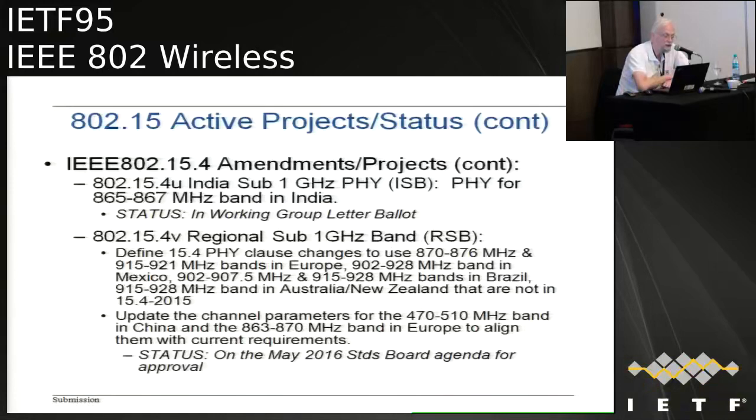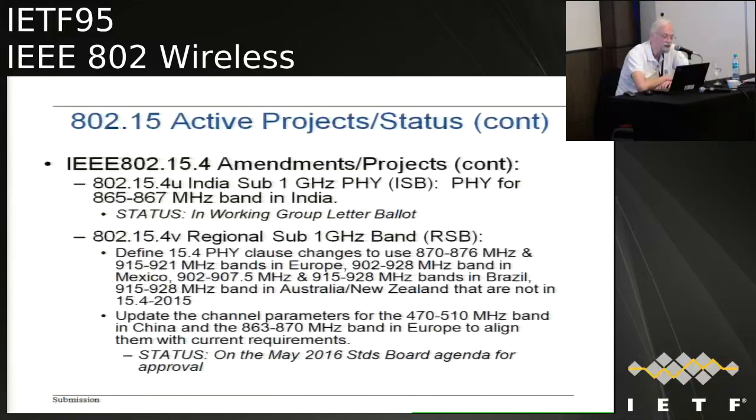The last two active projects are really, you might say, bookkeeping. As time goes on, governments change their regulations about what spectrum can be used. And so we had .4U, a near-term need for updating the PHY for India.